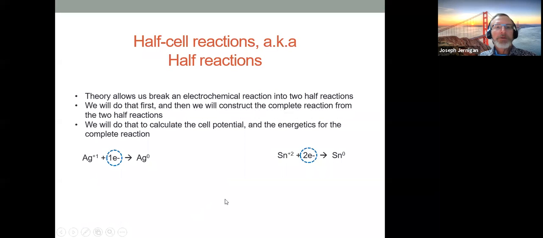Now we're going to get to the nuts and bolts of electrochemistry. The first concept I want to talk to you about is referred to as a half-cell reaction. The battery that we showed you is composed of two electrodes, right?